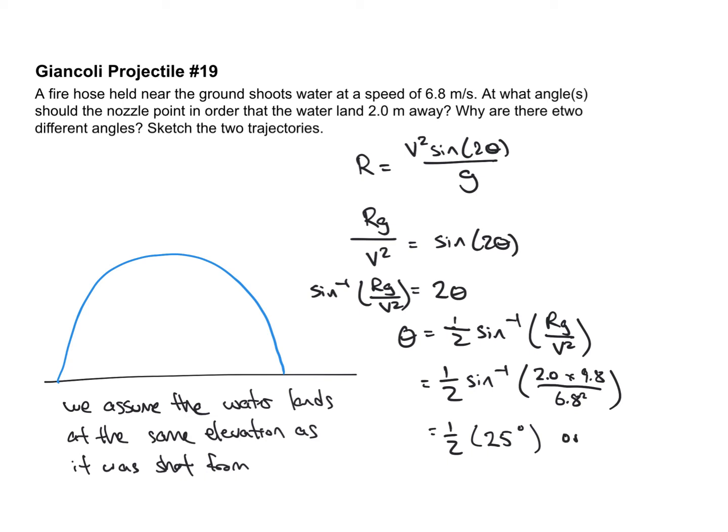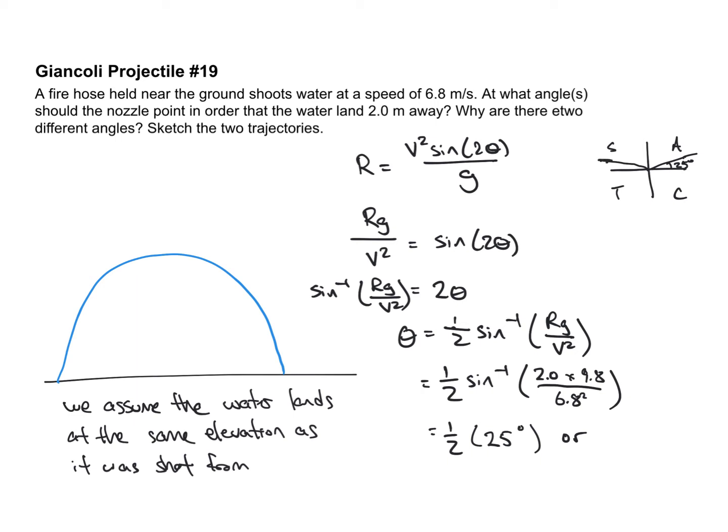However, there's a second answer. If you remember your trigonometry and the 4 quadrants, maybe your teacher used a CAST acronym. One answer of 25 degrees occurs in the all quadrant. There's 25 degrees. And a second answer occurs in the S quadrant because we have a positive value for sine.